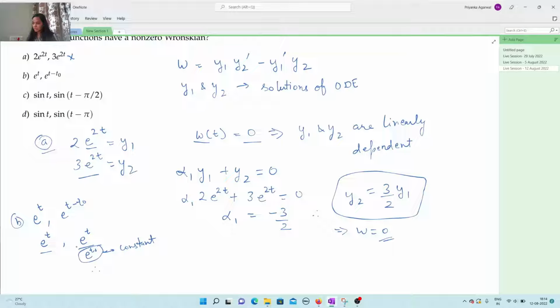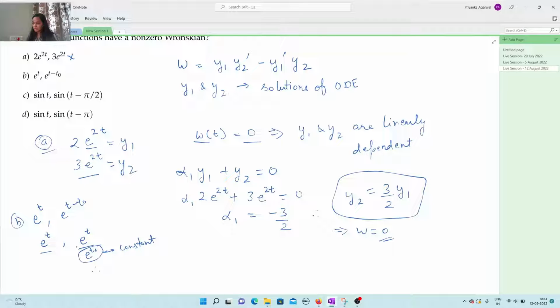So this is a linear combination, so this is a solution. This will also be a solution and this is also a solution, but this option does not satisfy these properties. Therefore, this will not be a solution. So this is the right answer.